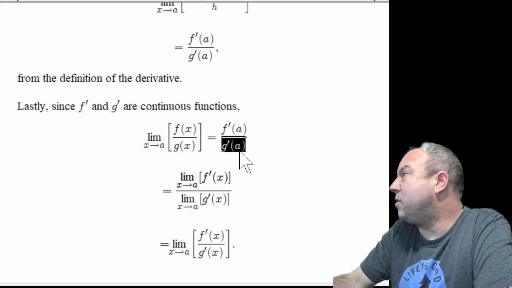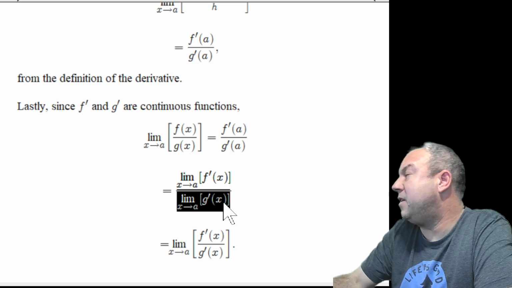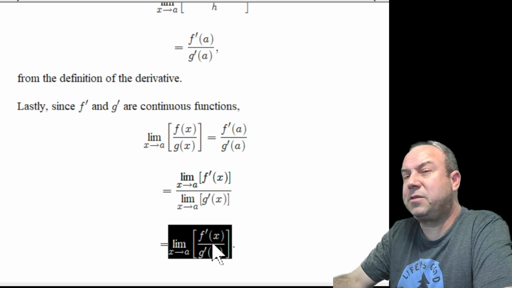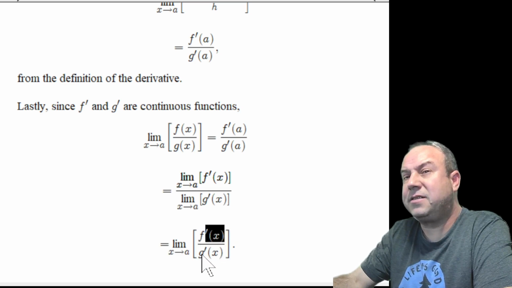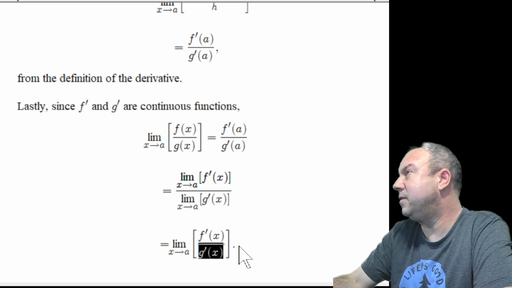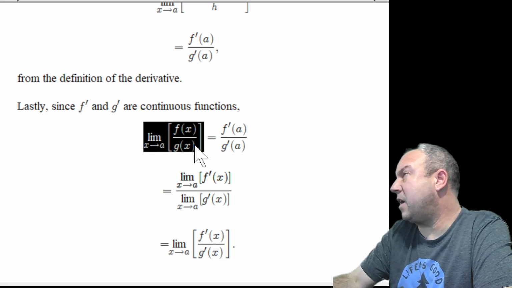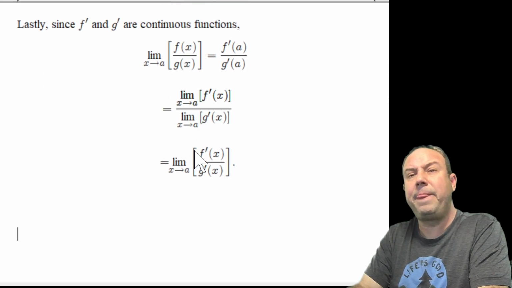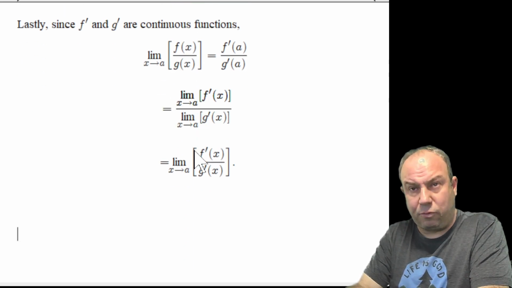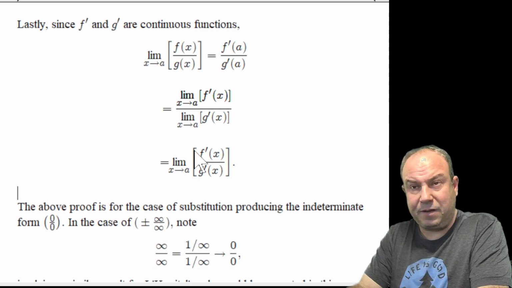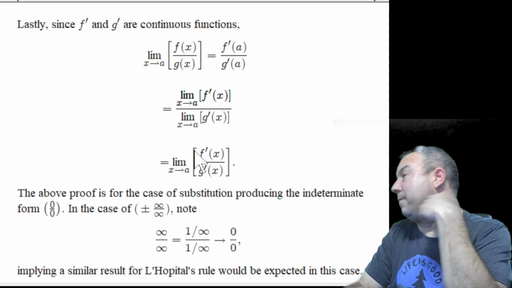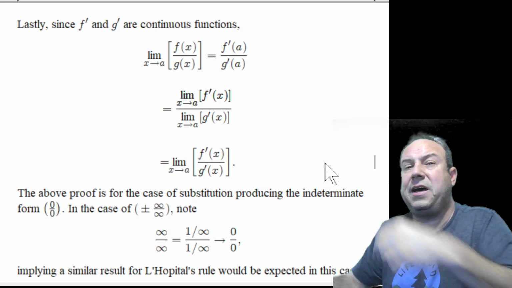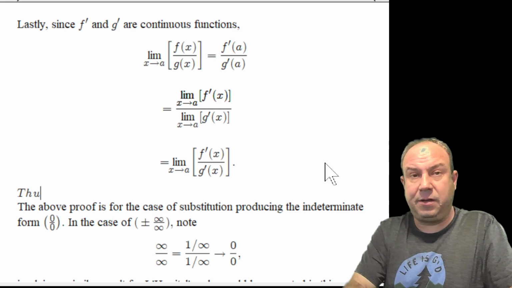And a similar result can be stated for g prime of a in the denominator. So in the end, we end up with the limit as x approaches a for f prime of x divided by g prime of x, equaling the limit as x approaches a for f of x divided by g of x. All right. End proof. That is the end proof there, folks. We have shown, thus, I should probably say here.